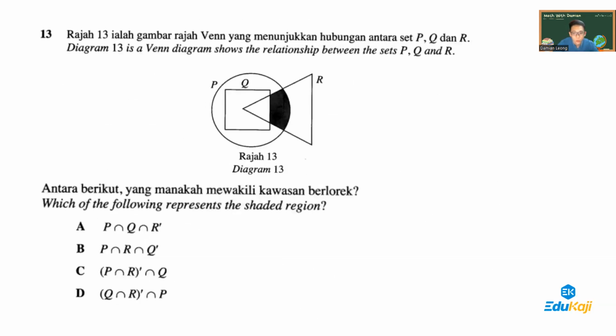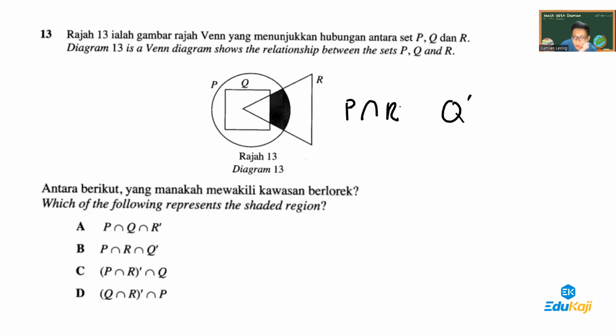Question 13. Which represents the shaded region here? So the shaded region here, you can see it is outside of Q. Definitely there should be a Q complement and then P intersect R. Yeah, outside of Q, P intersect R is here.